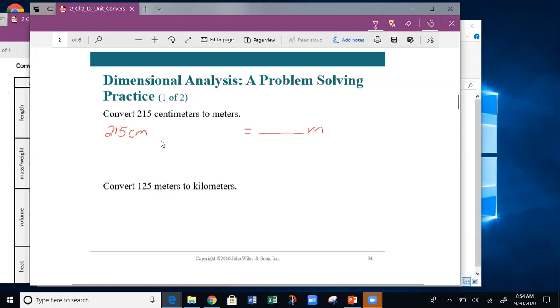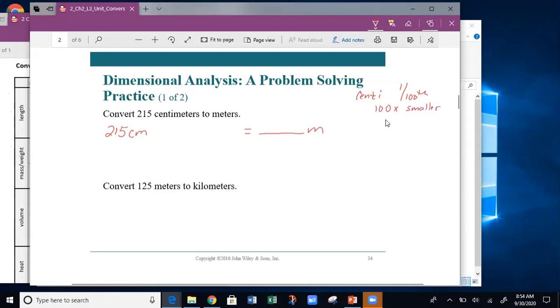So I wrote down what I started with and what I'm trying to find, and I need a relationship between them. Now I know that the prefix centi means 1/100th, so that means it's 100 times smaller than a meter.